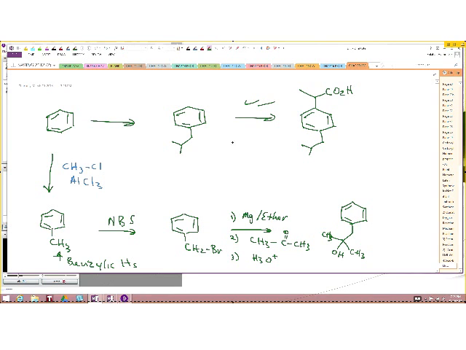And then what do you think? Keep in mind, this is where I want to go here. So what do you think I do now? Dehydration. I do dehydration with what? Phosphorus oxychloride, right? Hopefully this is review for all of you. Or dilute acid. And that gives us, you could get a double bond here, it really doesn't matter, right?